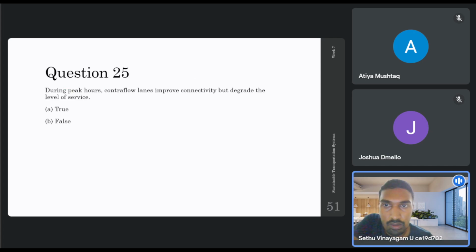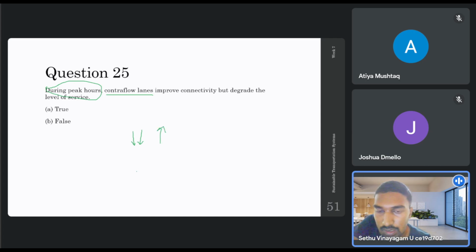Because we looked at when these contraflow lanes are used, or how they are used, right? Particularly you're looking at the peak hours. So what happens in peak hours? We said that generally, in peak hours there will be an imbalance in the demand based on the direction of flow. For example, in the morning peak towards the work location, there will be a higher flow of traffic than in the opposite direction, right?